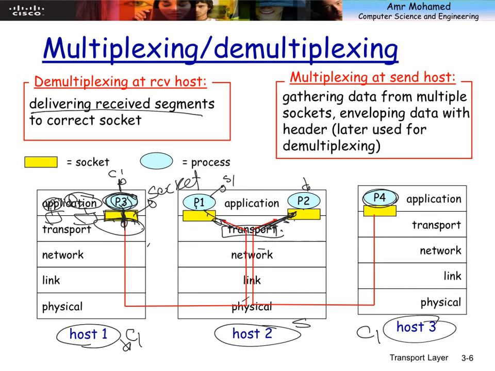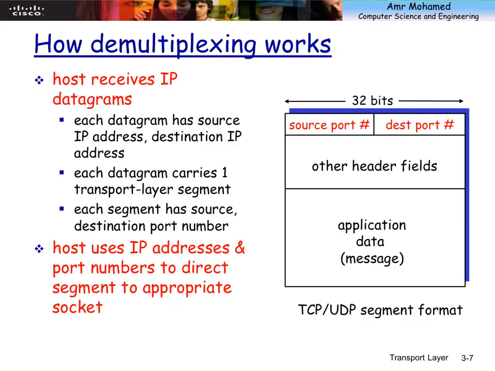Demultiplexing talks about the fact that we have to send the segment to the proper socket based on, again, the information in this segment. If it's UDP, we need only the port number to identify which socket we send it to. If it's TCP, then we need four pieces of information. Okay? So that's multiplexing and demultiplexing.